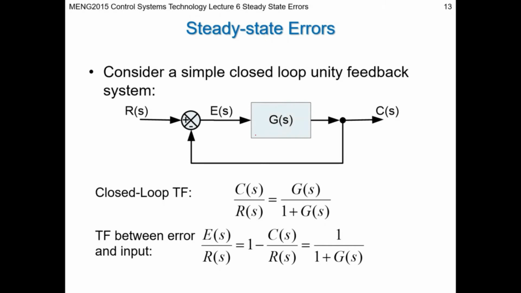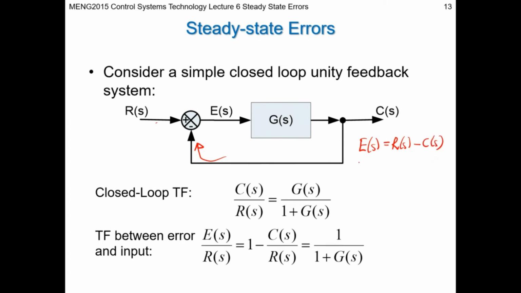Now, if we were to take the transfer function between the error here and the input here, so say we want to get output over input, we're looking at our error as the output. So our error over our input, which is our input R, right? Well, what is it? E doesn't equal R. E equals R minus our feedback. So that's going to be E(s) equals R(s) minus output C(s).